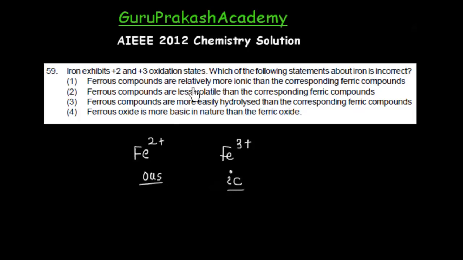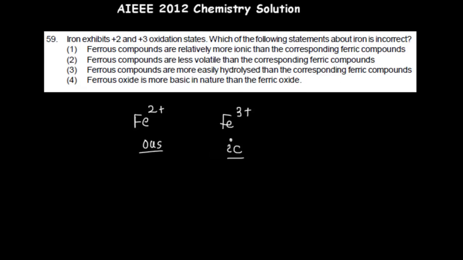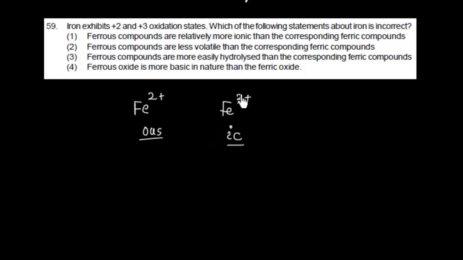Now ferrous compounds are relatively more ionic than corresponding ferric compounds, and this is true. If you have a more positive charge, it will do more polarization of the anion.